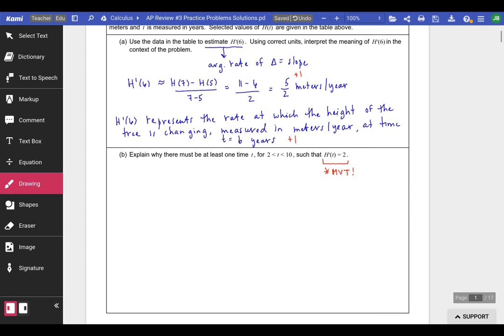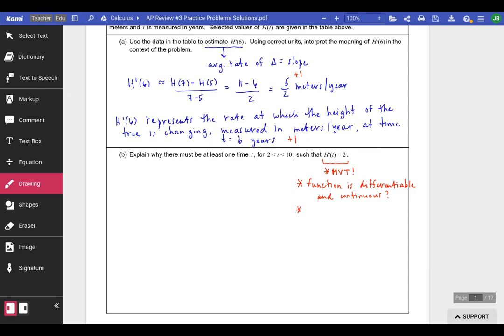Remember, for the mean value theorem, we have 2 conditions that we have to check. We need to check if our function is differentiable and continuous.